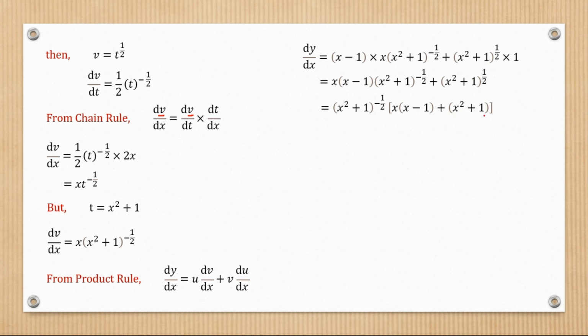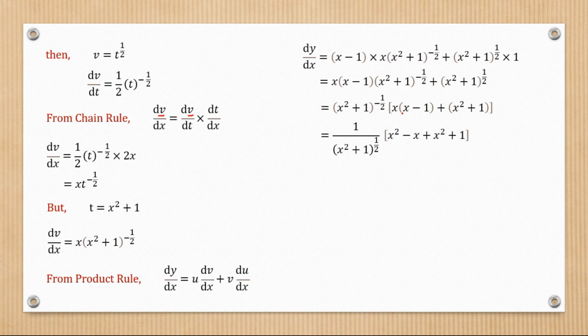That is the best way of stating it. But remember that any value to a negative power means you can take the reciprocal of it and make the power positive. So this can be represented as 1 over (x squared plus 1) to the power a half.